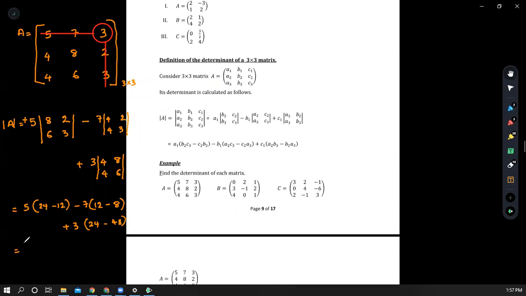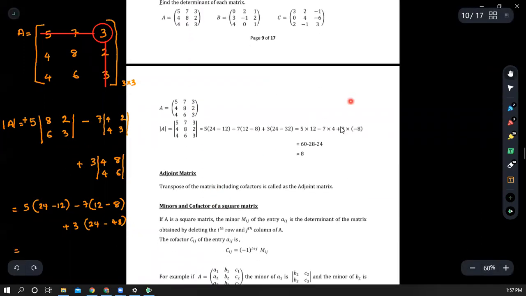Now performing this calculation, we can obtain the answer. Here, there is a correction as well. 4 times 8 is 32.